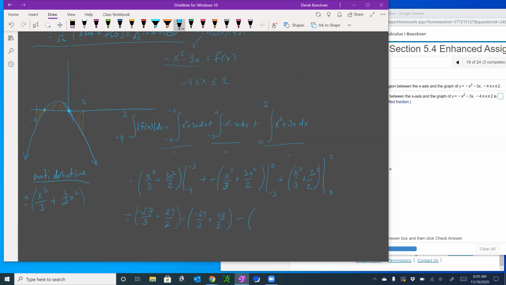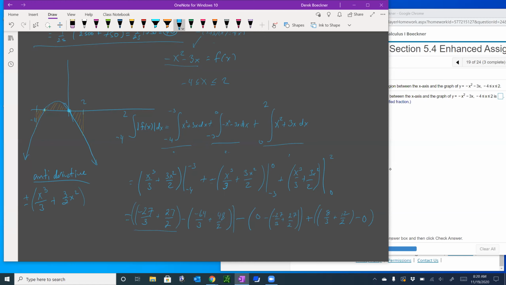At 0, I get 0. And then at -3, well, I've already done the -3 bit. It's this, right? And then we'll add in at 2, which is 8 thirds, plus 12 halves, minus 0.